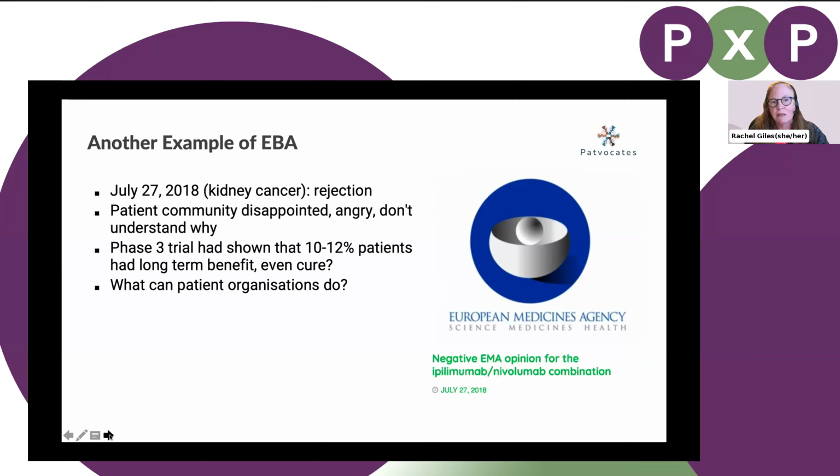So instead, we decided to go to the European Association of Urology. These are the professional organization for urologists in Europe. And we asked their guidelines committee to please review the data with us. So we went through the data from the patient perspective with this professional society. We convinced them that the evidence was very strong in favor of a patient benefit and that the guidelines should not be changed as a result of the EMA decision.